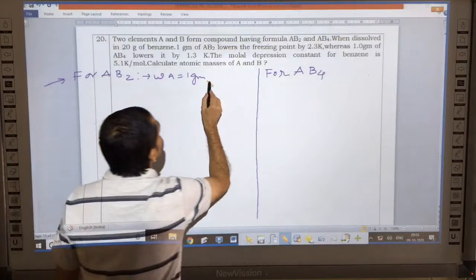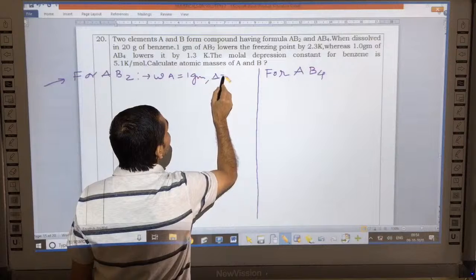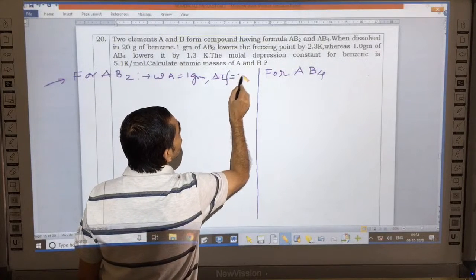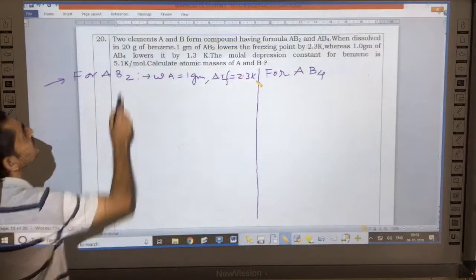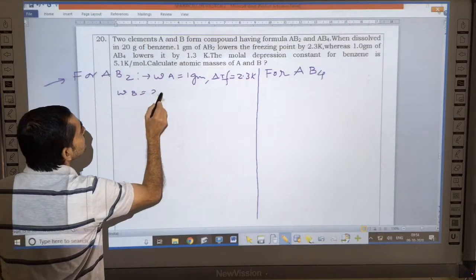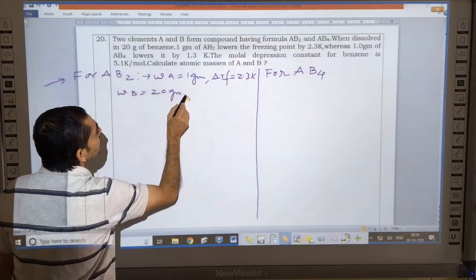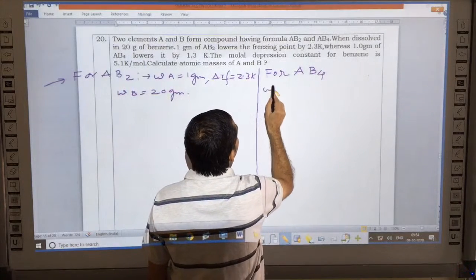Lowering of the freezing point, delta TF, is equal to 2.3 Kelvin. 20 gram of benzene, this is WB, this is 20 gram. Similarly for AB4, what is WA? 1 gram.